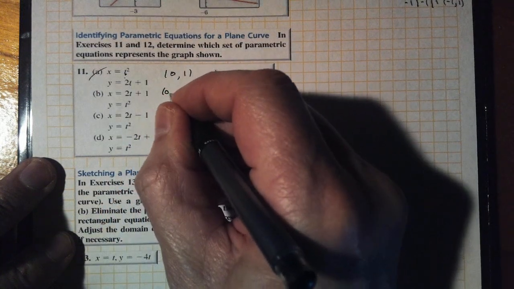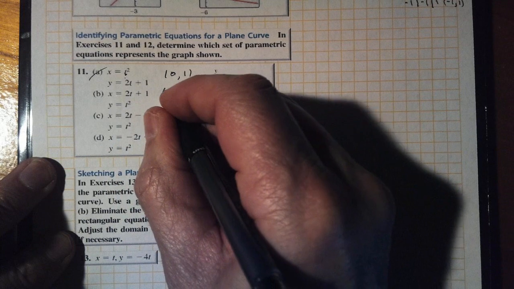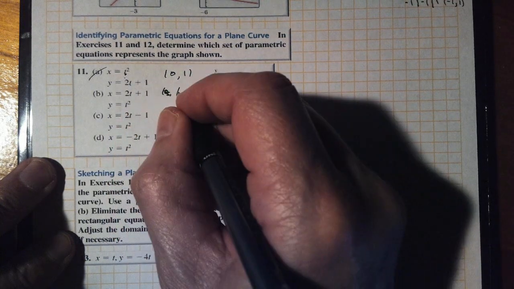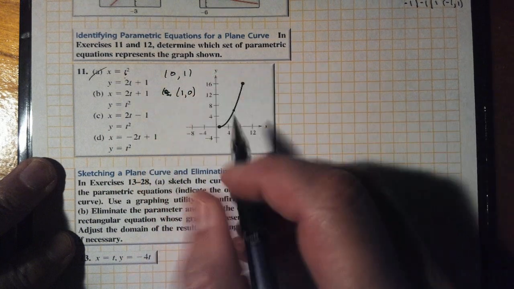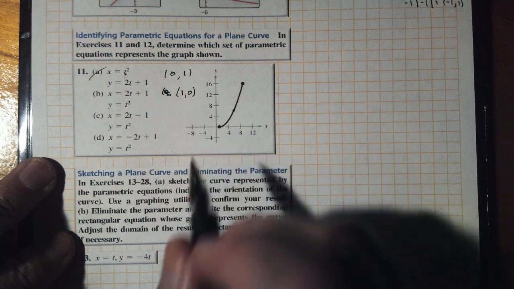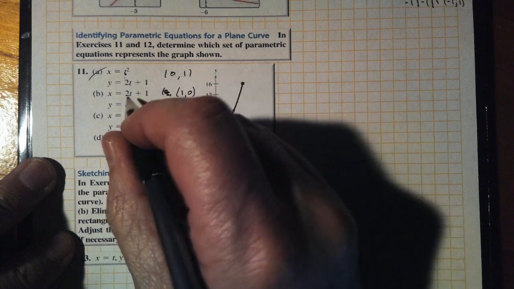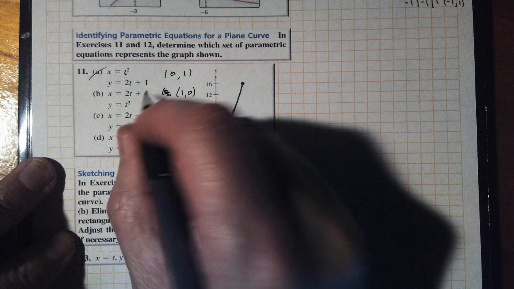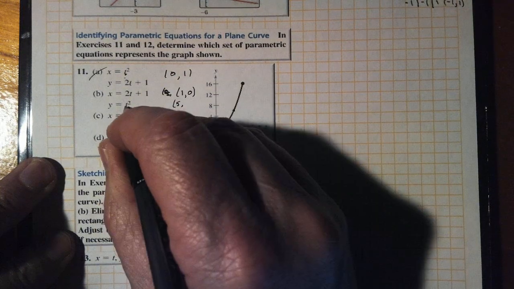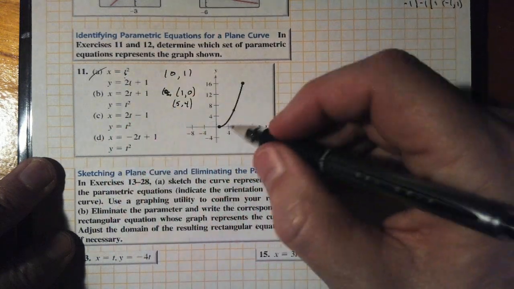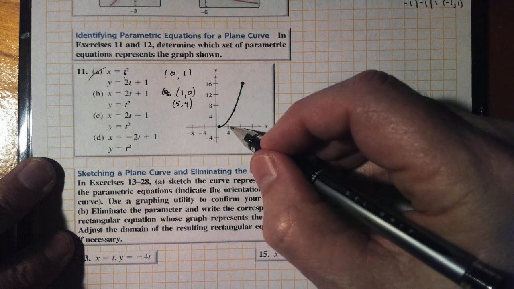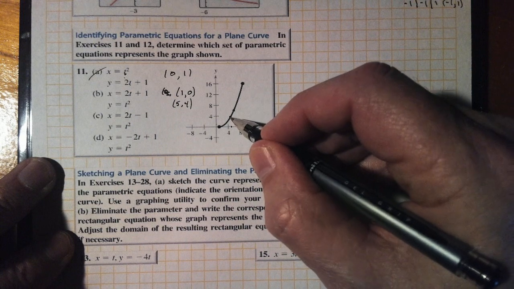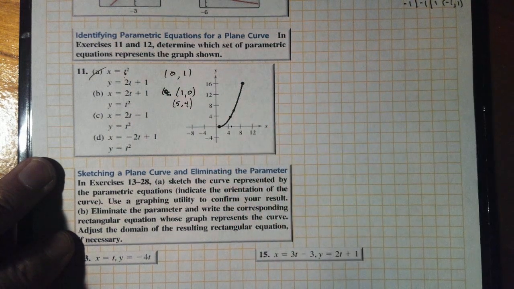If I put in 0 for t, I get 2 times 0 plus 1, 1, and 0, so (1, 0), and that does appear to be on there, so let's jump to put in 2. If I put in 2, I get 4 plus 1, 5, and 4. Does it look like (5, 4) might be on there? It sure seems like that's a possibility that (5, 4) is.